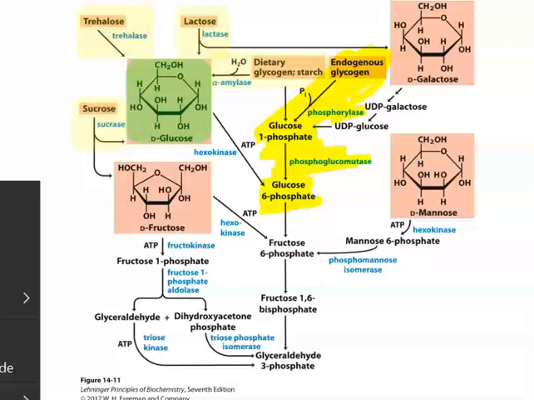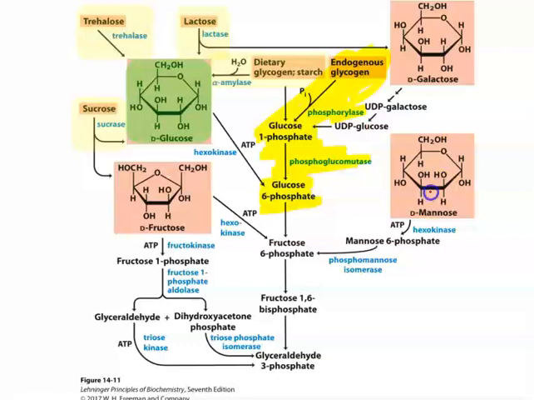Now, there are other monosaccharides that can enter into glycolysis, but they need to be transformed first. For example, fructose. Fructose can be acted on by an enzyme called hexokinase, and this is going to generate fructose 6-phosphate, which enters into glycolysis.